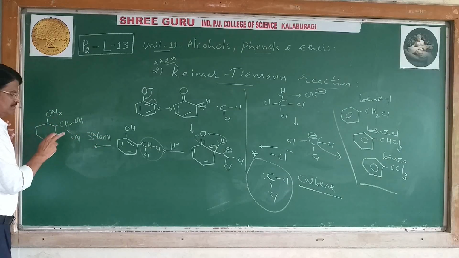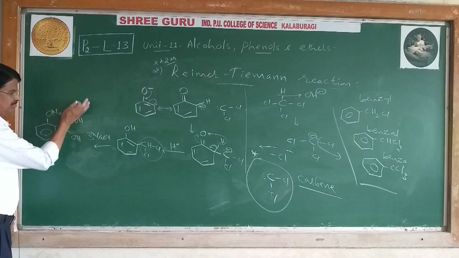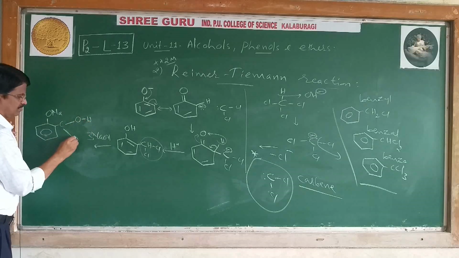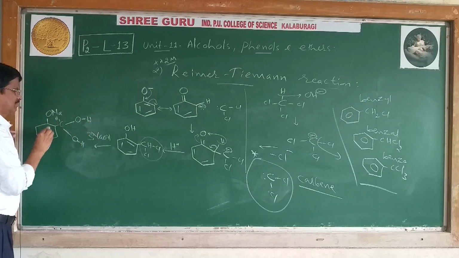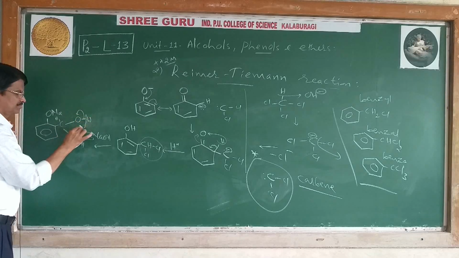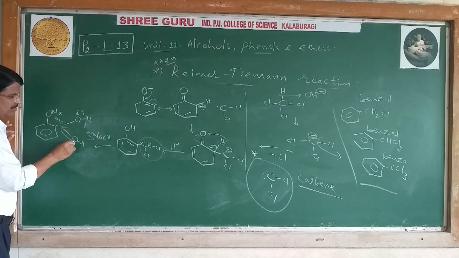Therefore, now we get what? A dihydroxy compound. On one carbon it is unstable, it loses water. O negative, H positive, and this negative converts C into positive by losing a bond.